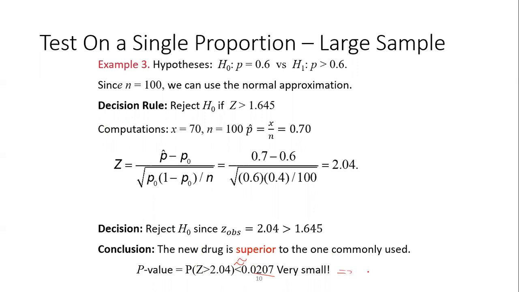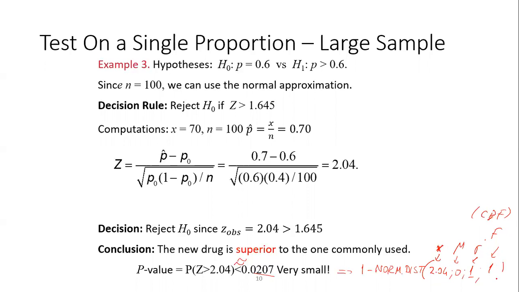Again, how can you find this? You can find it in Excel using 1 minus NORM.DIST. You write the x value, 2.04, then the mean mu, which is 0, then sigma, which is 1, and then the cumulative argument, the CDF.